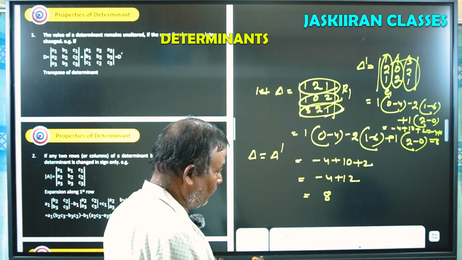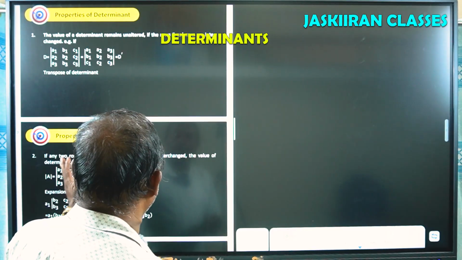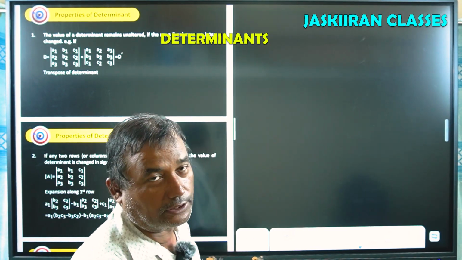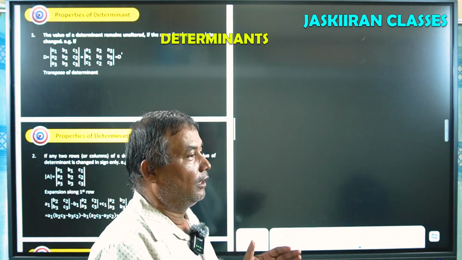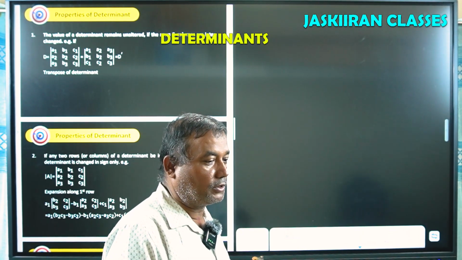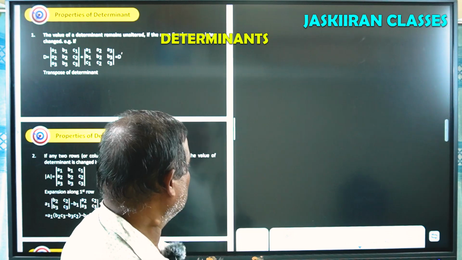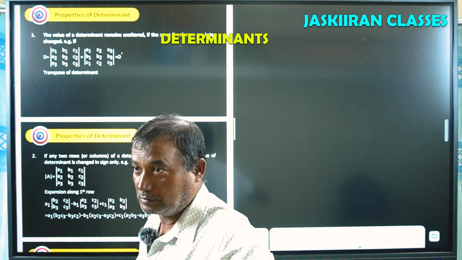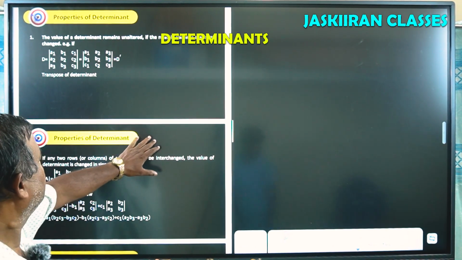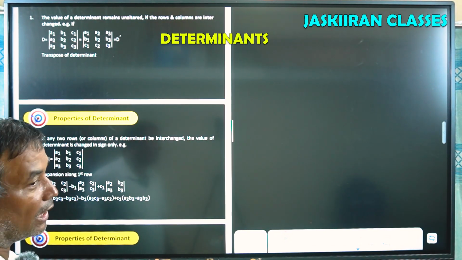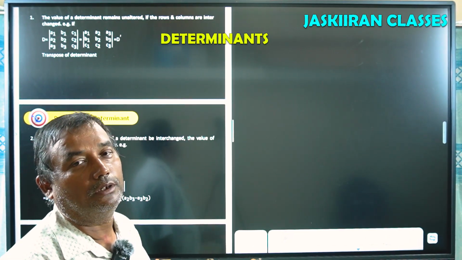Therefore, if any two adjacent rows or columns of a determinant are interchanged, then the sign of the determinant is changed, but the value remains the same.